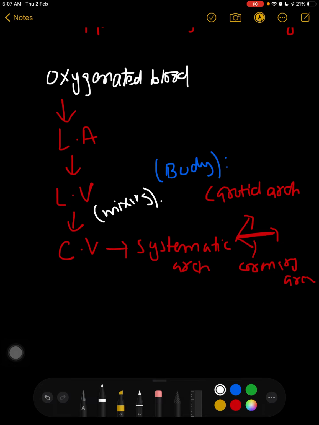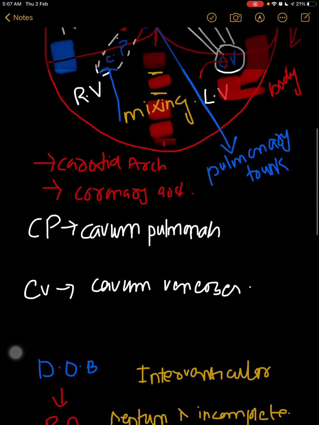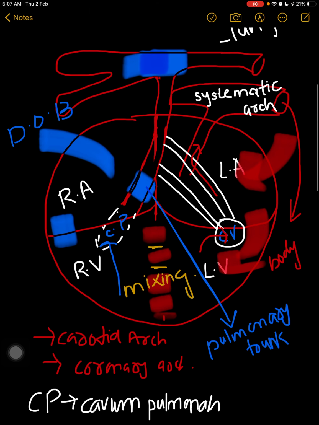So let me summarize this again. What will happen? The deoxygenated blood will come to right atrium. Now from right atrium to right ventricle, and as we know that the interventricular septum means the layer between two ventricles, a layer which separates two ventricles is missing, right? And from other side, the oxygenated blood is coming from left atrium to left ventricle.